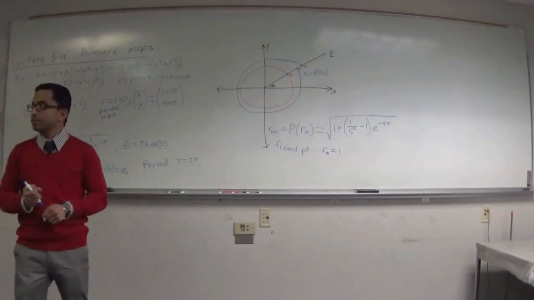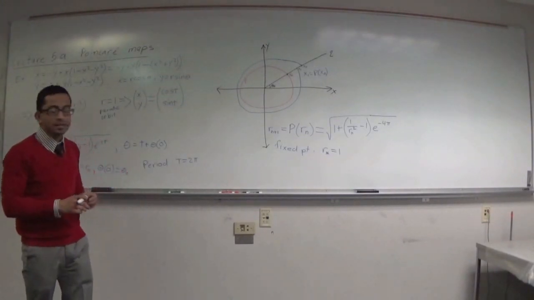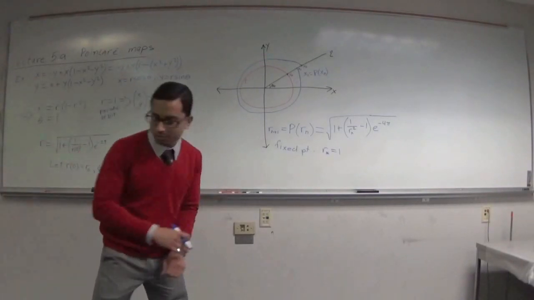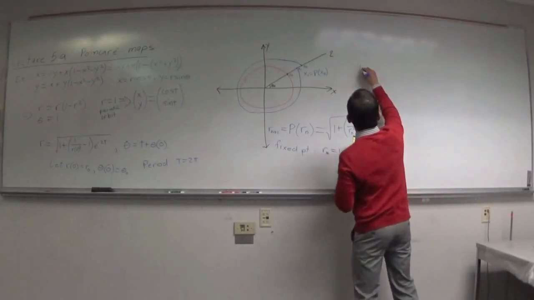And now what do we want to do? Determine stability. Okay, so how do we do that? Take a derivative. All right. So let's take a derivative, and I obviously didn't do this by hand.